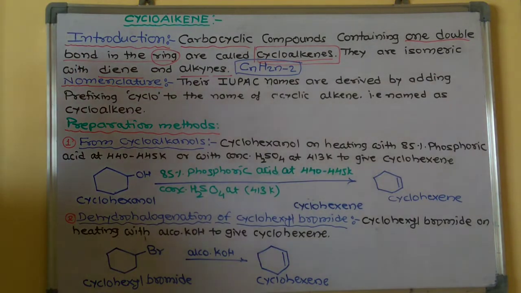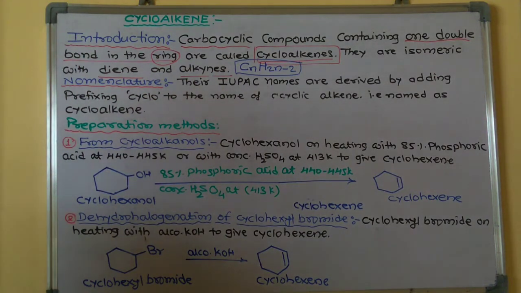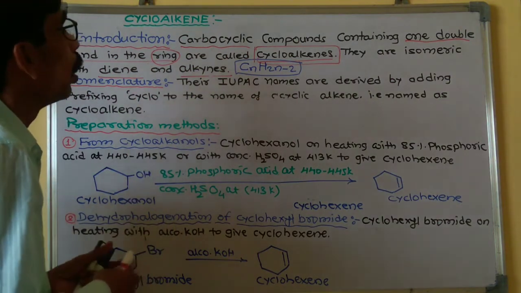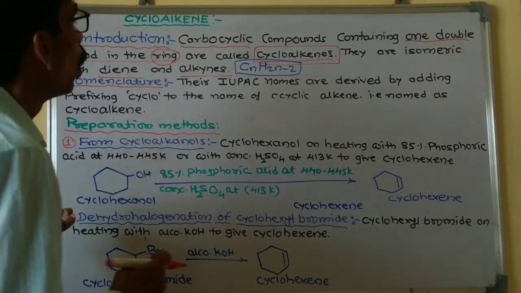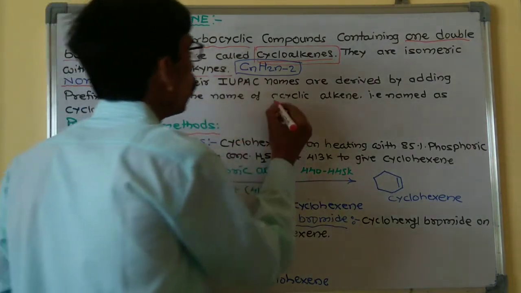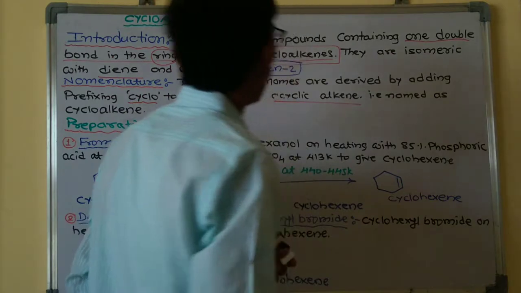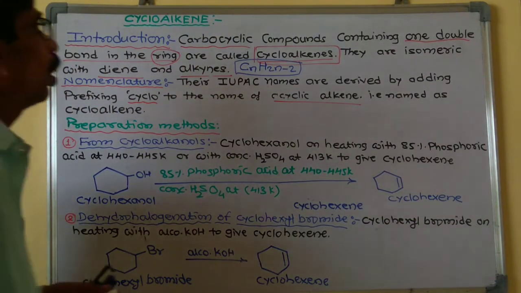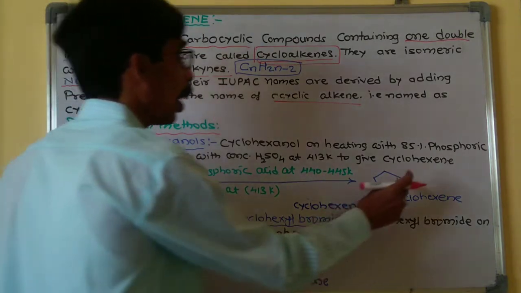Okay. Now the nomenclature. Their IUPAC names are derived by adding the prefix cyclo to the name of the alkene. The word cyclo is attached before the name of a cyclic alkene. For example, cyclohexene.